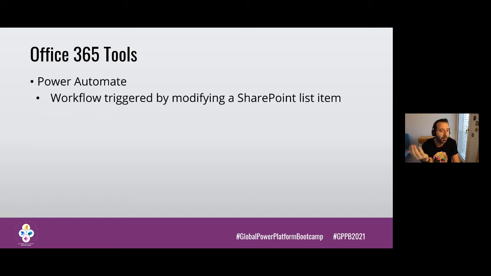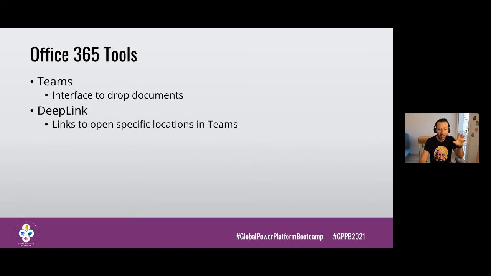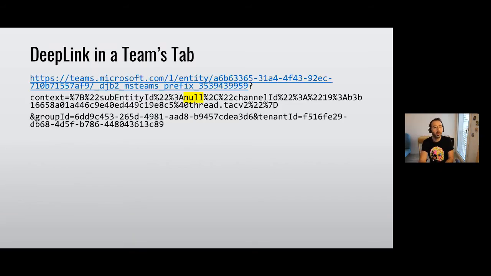We can use Power Automate. In Power Automate, we can have a workflow that is triggered when a SharePoint list item is modified. So if we sum up, just go back, we have Teams, we put documents, we have a link, we click on it, it opens a Teams tab with a special URL.